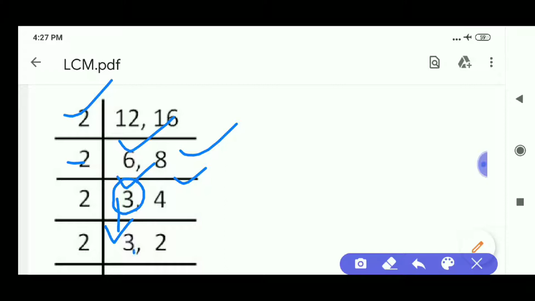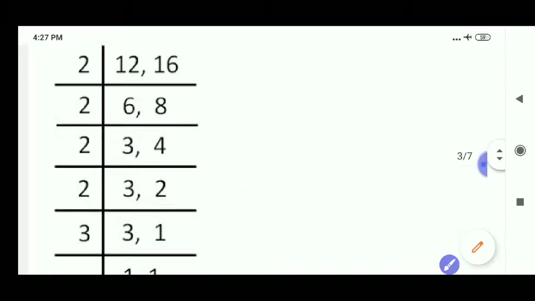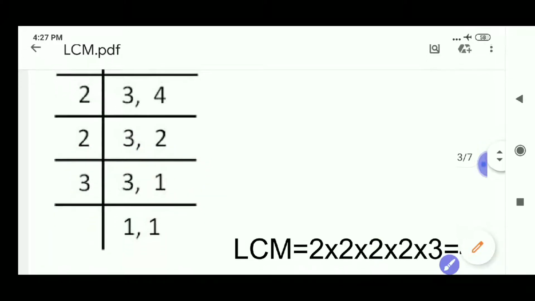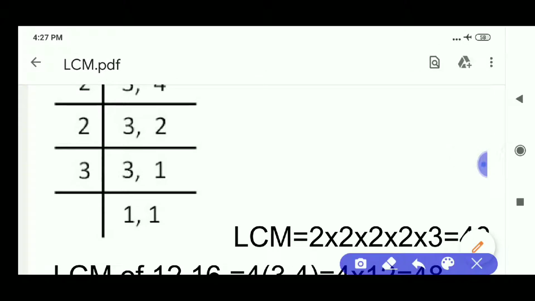Now carry the 3 and 2 2s are. Again with 2. 3 is not divisible by 2. Carry it as it is. 2 1s are. Now with 3. 3 1s are. 1 is not divisible, so carry it as it is.